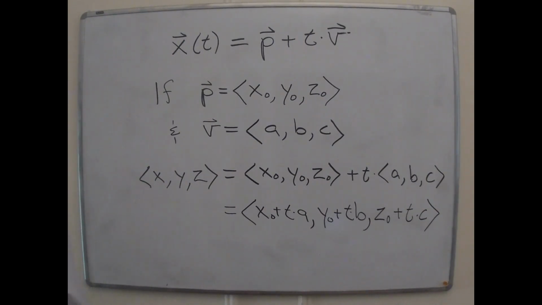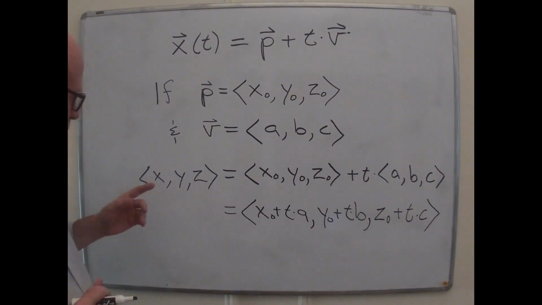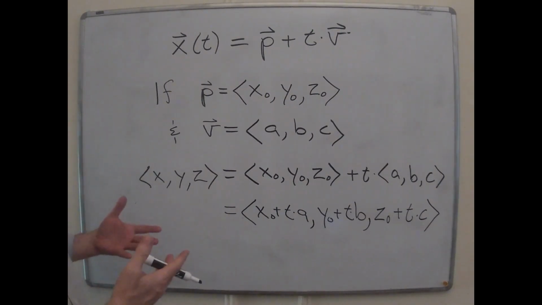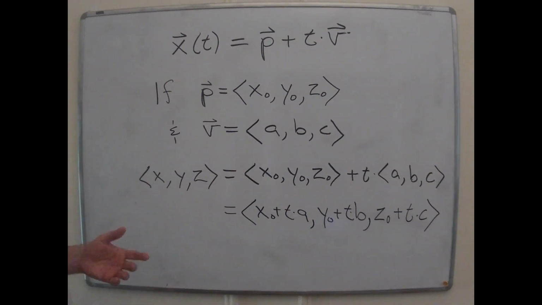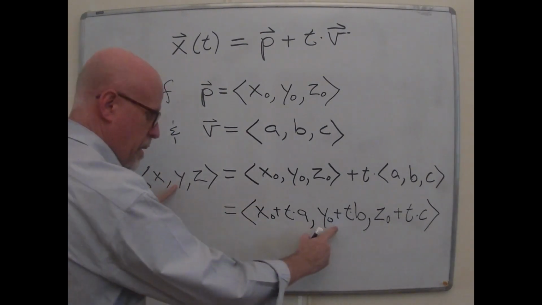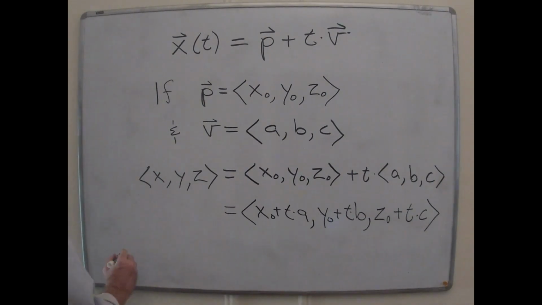So if you didn't have vector notation, what you would do is just say, what we've really got here are three scalar equations kind of combined into one. That is, x is equal to that, y is equal to that, and z is equal to that. That's scalar parametric form for the equation of the line.